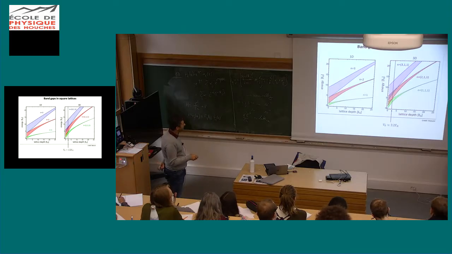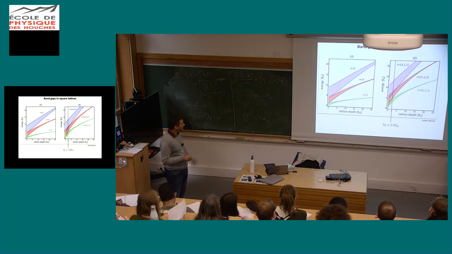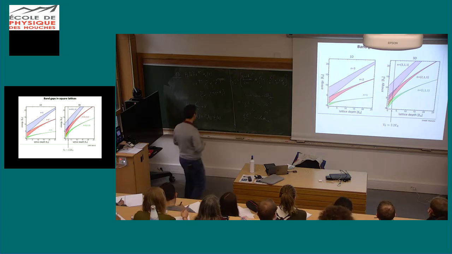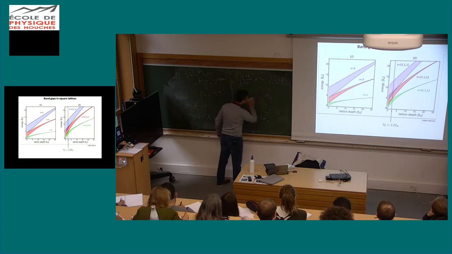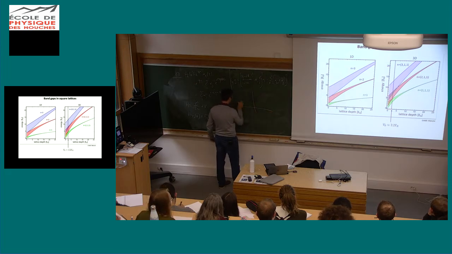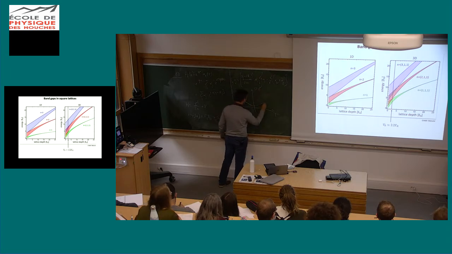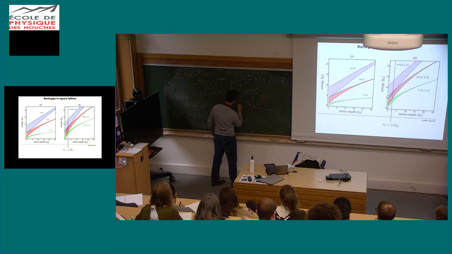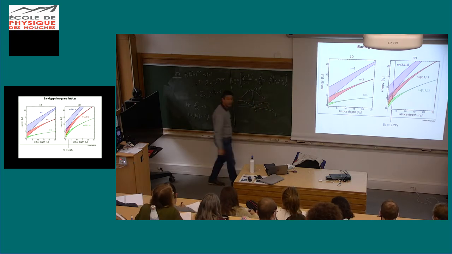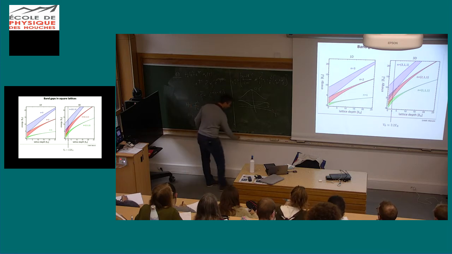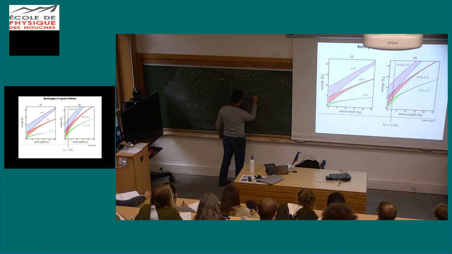So what is plotted here is the energy as a function of lattice depth. And what is plotted is the energy occupied by the band. So for the first band, it's this energy scale, so all the energies which are occupied by the band.